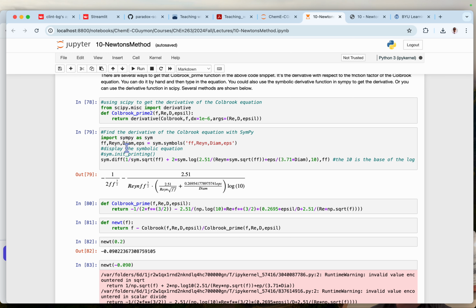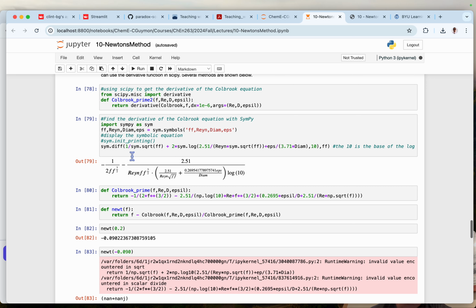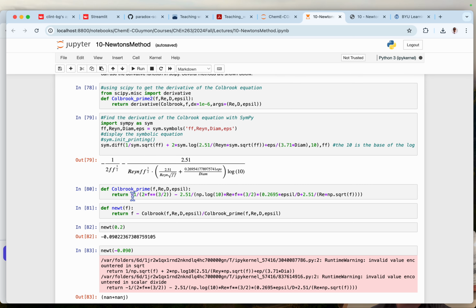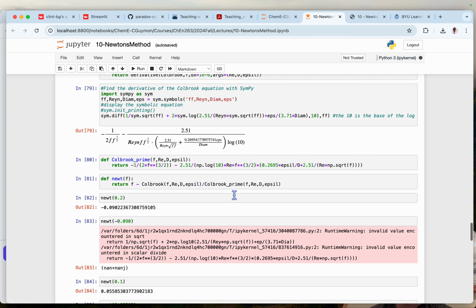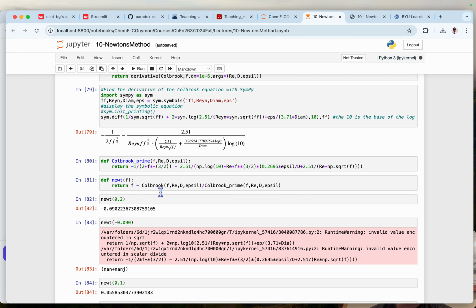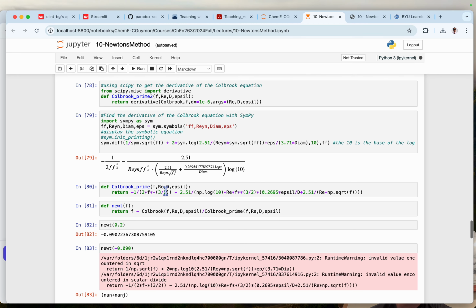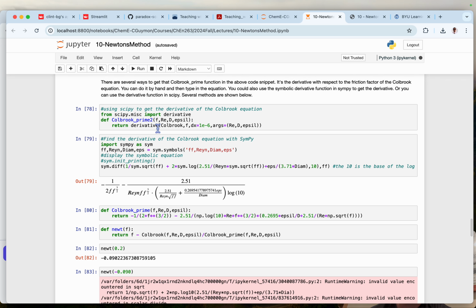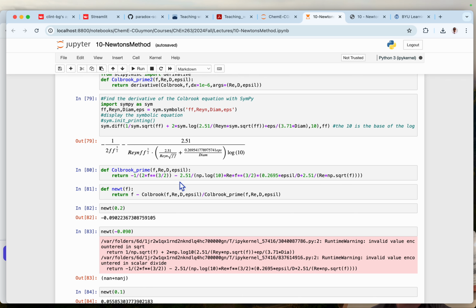As far as my f values and Reynolds numbers being defined as an object here and elsewhere not, I've labeled them differently, and there is my equation. So I can just type that in, which I did right there. And here is, I'll just use this one right here. You could use this one too, prime 2, but I'm just going to use this one.